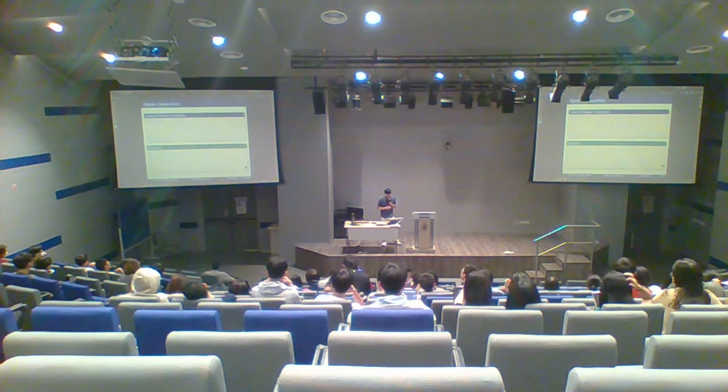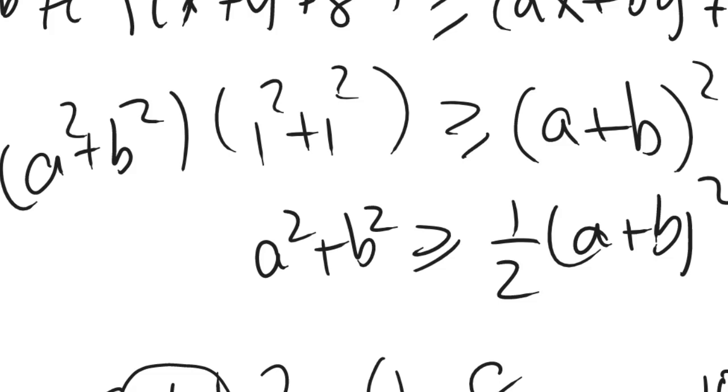So you can also do something like this: a squared plus b squared times 1 squared plus 1 squared is more than or equal to a times 1 plus b times 1, squared. This is also a very nice inequality. You basically convert a sum of squares into the whole sum squared. So Cauchy can help you do these things.